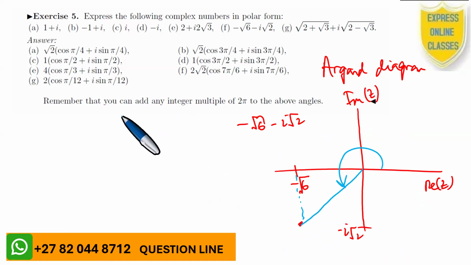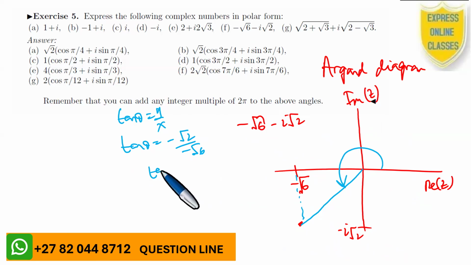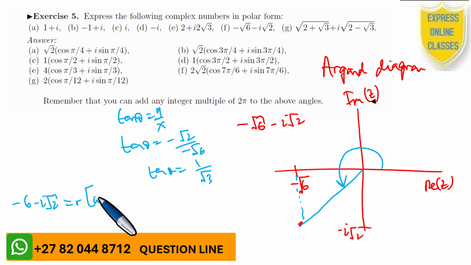So you have the tangent of theta, which is y over x. y is minus square root of 2, x is minus square root of 6, so it is one over the square root of 3. Which is i sine theta.